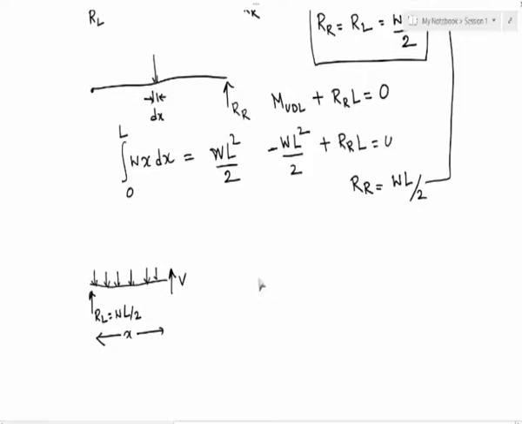So for that we will have to find RL plus the total load due to this UDL should be equal to V. Now what is the total load due to this UDL over the length x? That is integral W dx 0 to x. Okay.